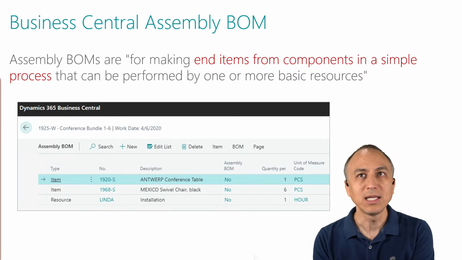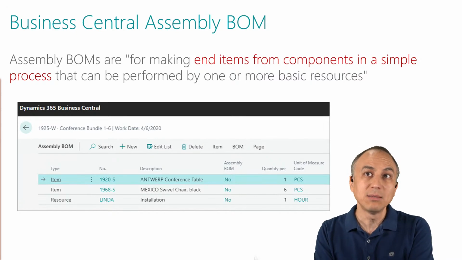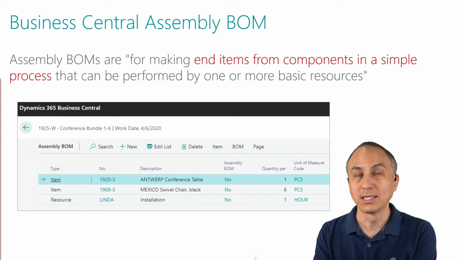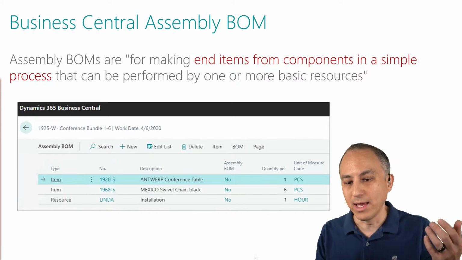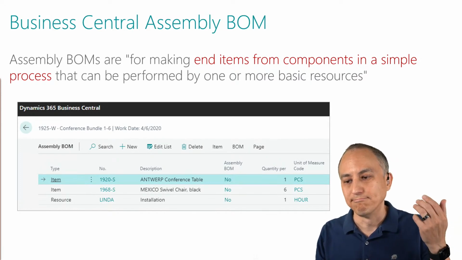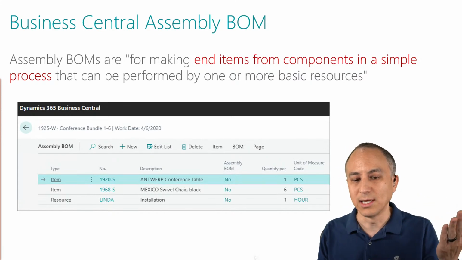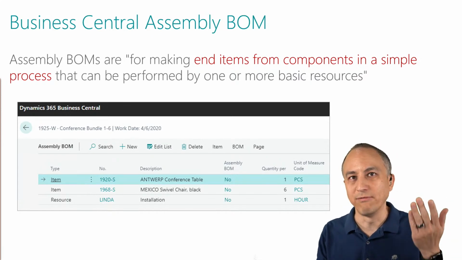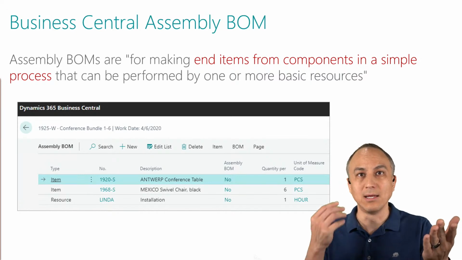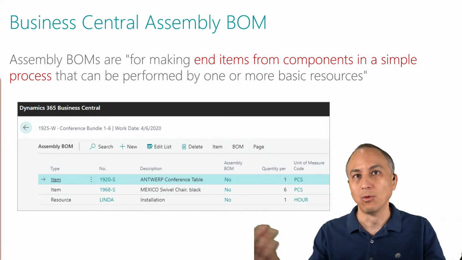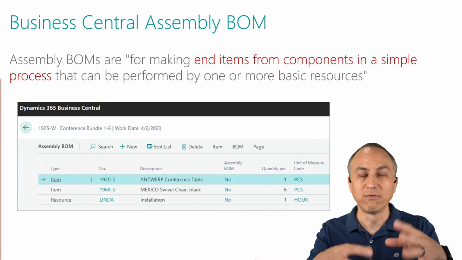I equate this to the Dynamics GP kit. So maybe we have an appliance and batteries and cord, and those come together for a kit.